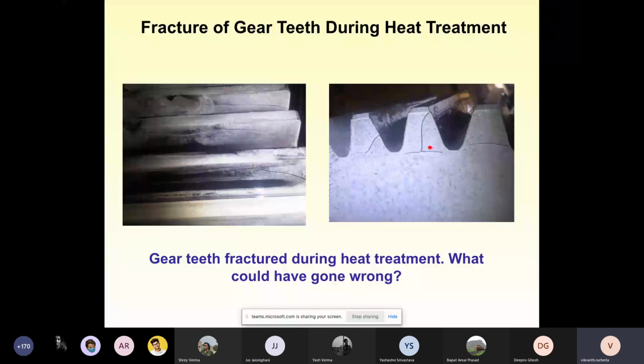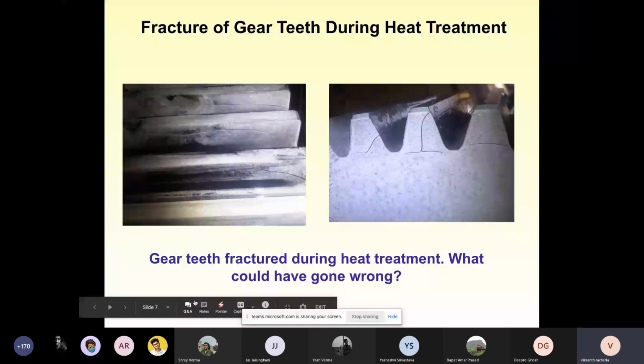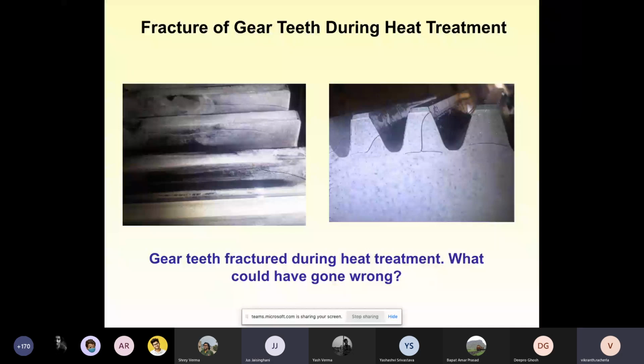They found extensive cracking. This is from the side and this is along the teeth face. Now, what do you think would have gone wrong over here? So the cutting forces might have caused some residual stresses.